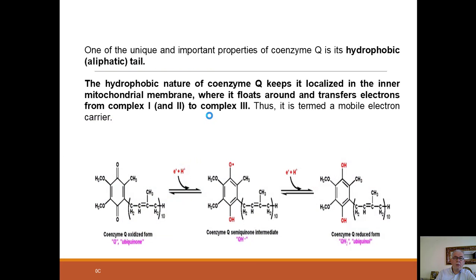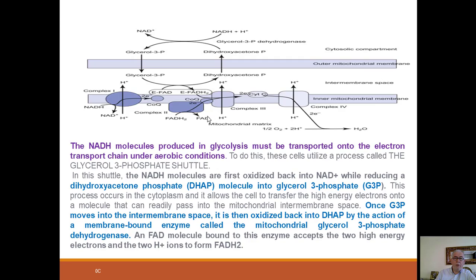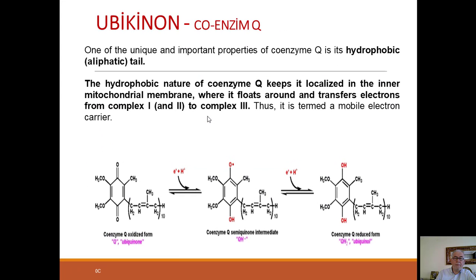And all electrons of NADH and FADH2 must be transferred to coenzyme Q, ubiquinone. Ubiquinone has a different structure compared with complex 1 and complex 3.